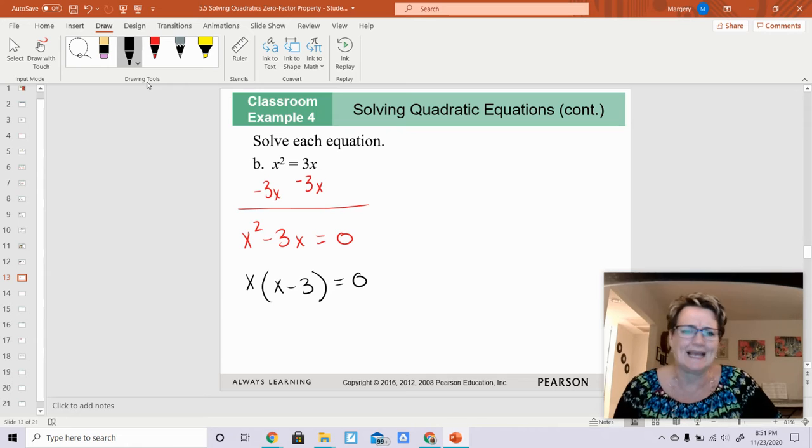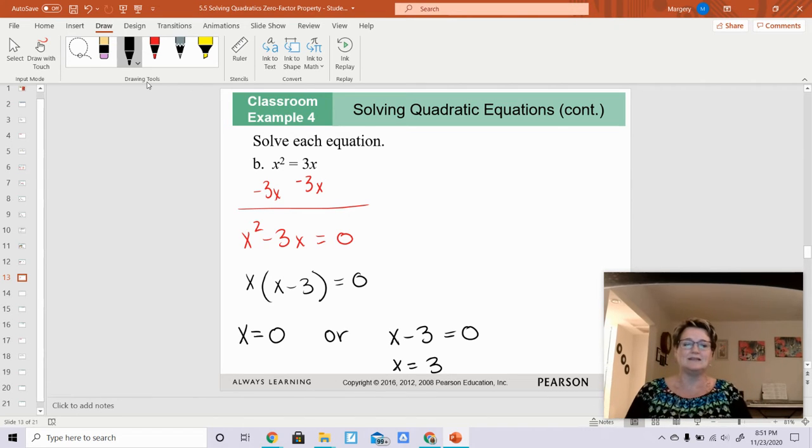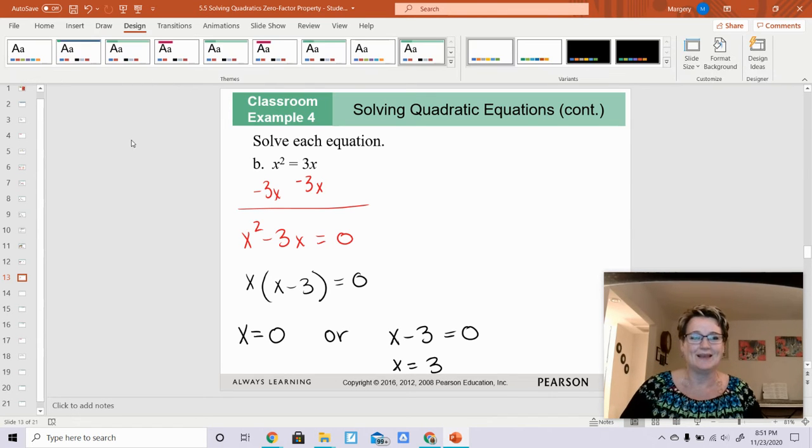If this x was a number, I wouldn't worry about it. But because it's a variable, it's going to be x equals 0 or x minus 3 equals 0. Well, we all know that that's going to end up being 3 because I'm going to add 3 to both sides. So your two answers are x equals 0 or x equals 3. All right, let's move on.